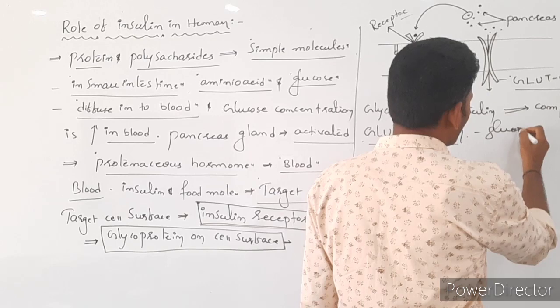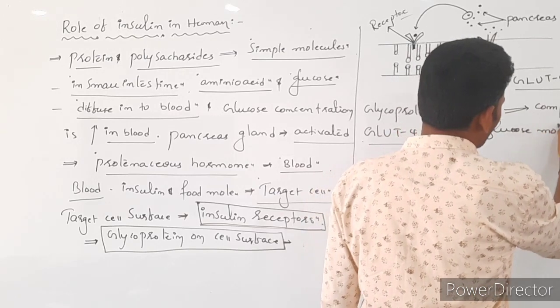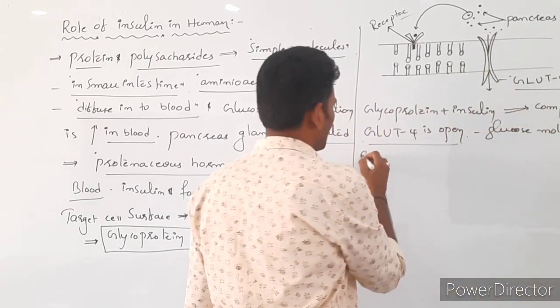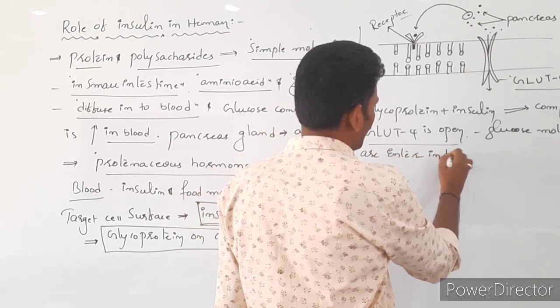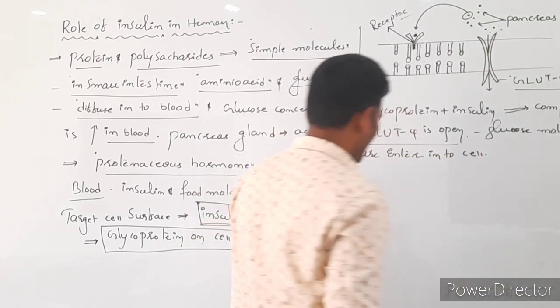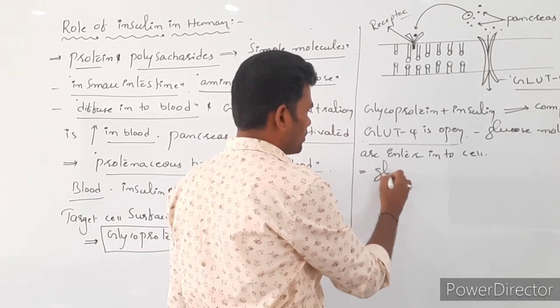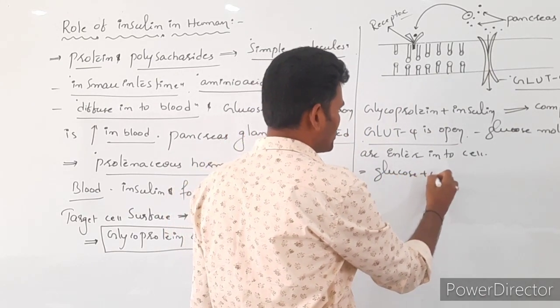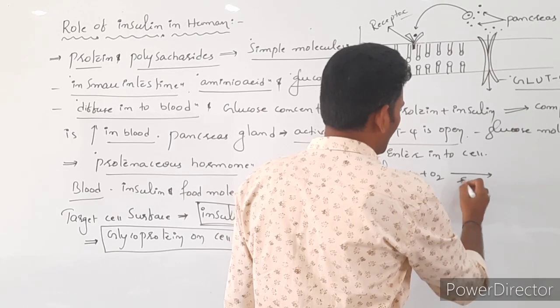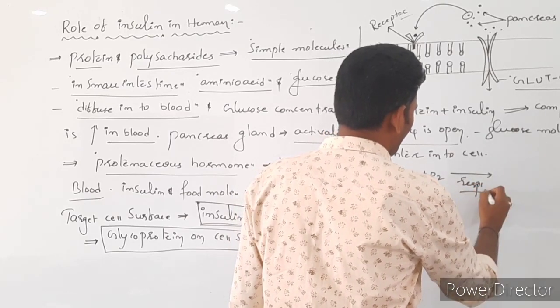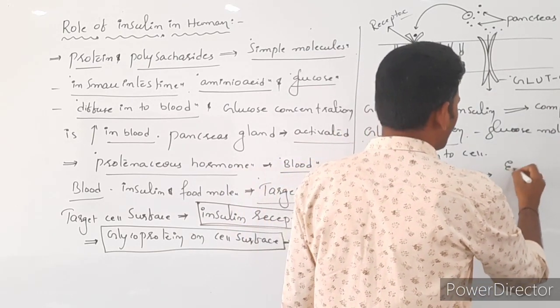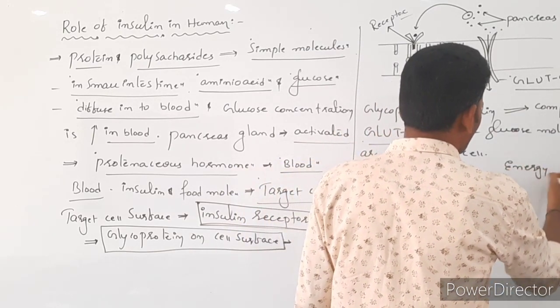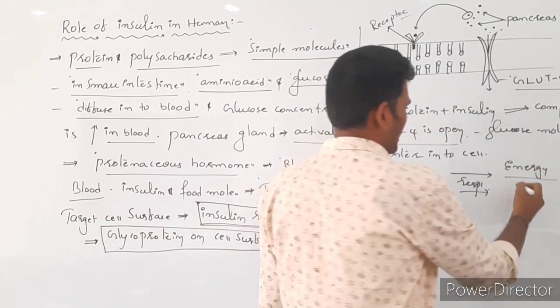Now glucose molecules enter into the target cell. Within the cell, what happens? These glucose molecules are oxidized, nothing but respiration, to produce energy, nothing but ATP molecules.